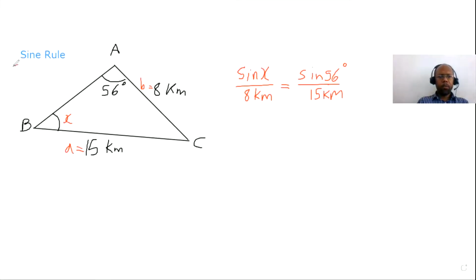So here's the actual rule I'm applying right now. There's two ways to represent it. This is the way that's most popular that you'll see if you look up the sine rule.